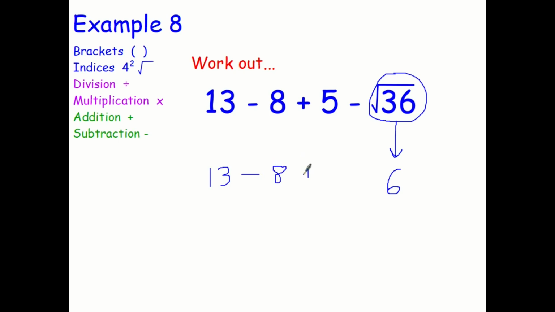I'm not going to do the 8 plus 5 as a priority over the 13 take away 8. I'm just going to read from left to right. So once I've done my square root of 36 being 6, I've just rewritten the sum underneath. And I'm going to read from left to right. So I'm going to do 13 take away 8, which is 5, plus another 5, which is 10. And then I'm going to take away 6 to leave me with 4.